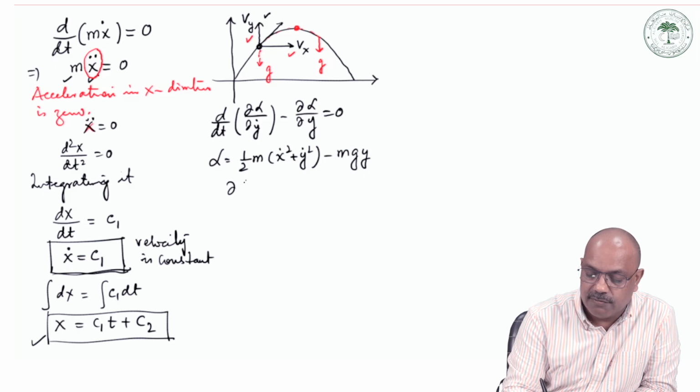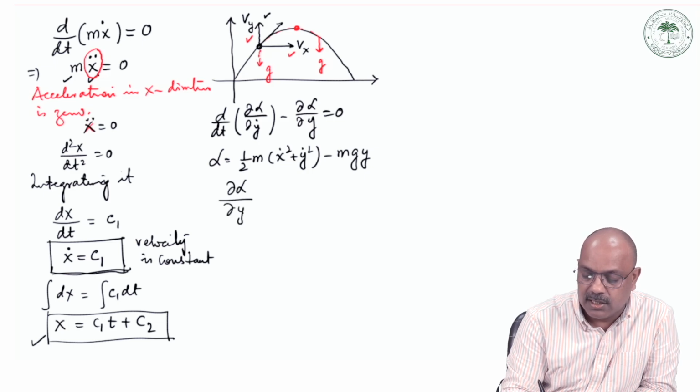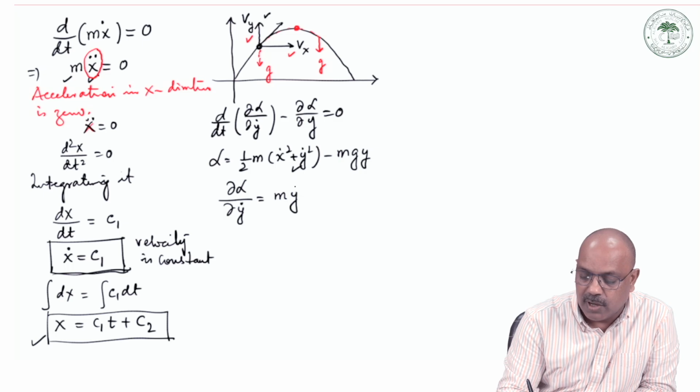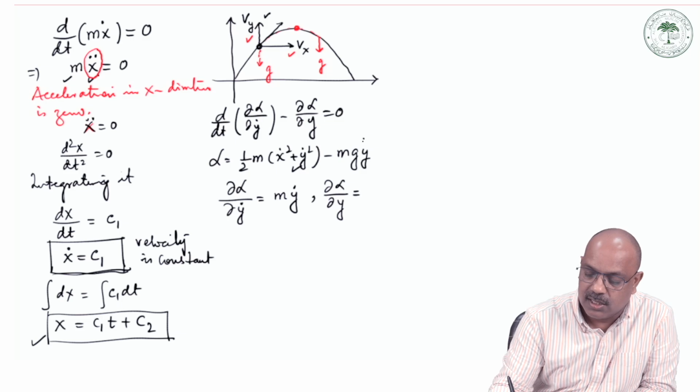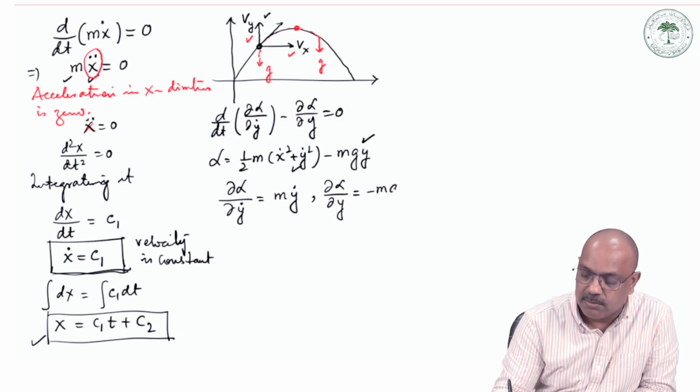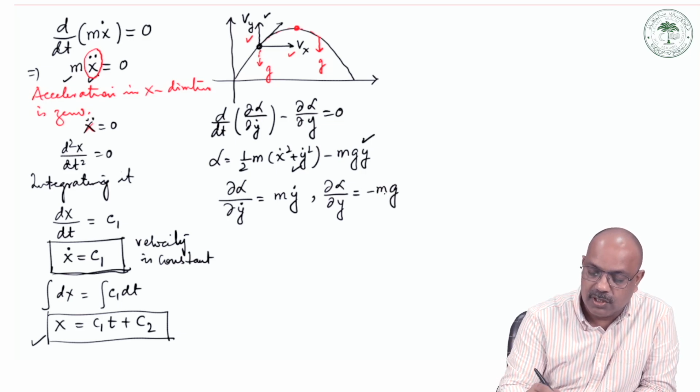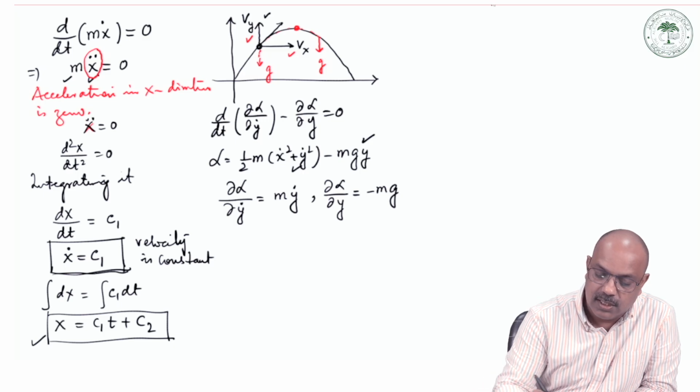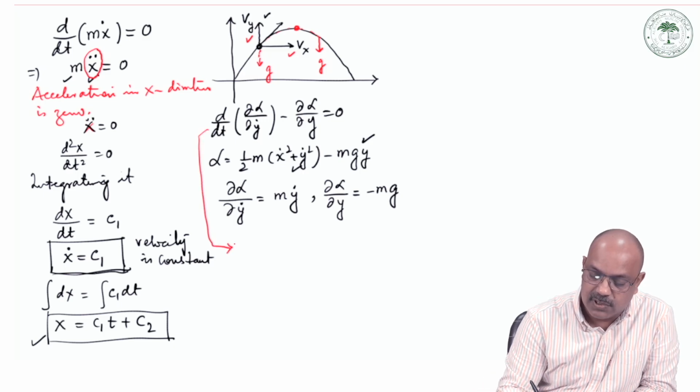If I calculate ∂L/∂ẏ, this is m ẏ, and ∂L/∂y is going to be minus mg. So now the equation of motion, from this equation, I put these values.